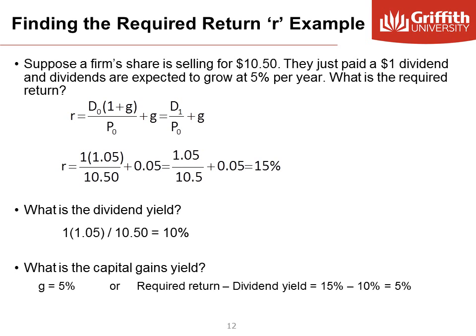What is the dividend yield? The dividend yield is just D1 divided by the price, 10%, and the capital gains yield we know from the start is just g, or to make sure, the required return minus the dividend yield, 5%.